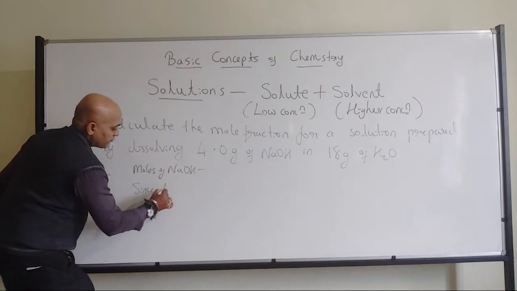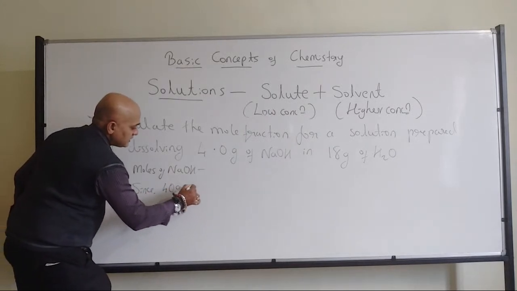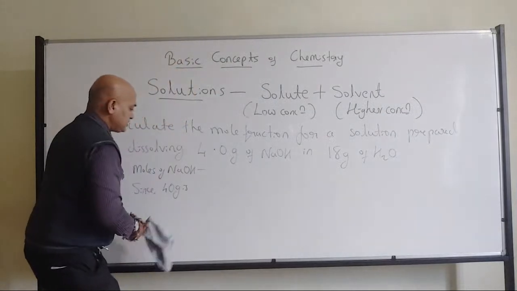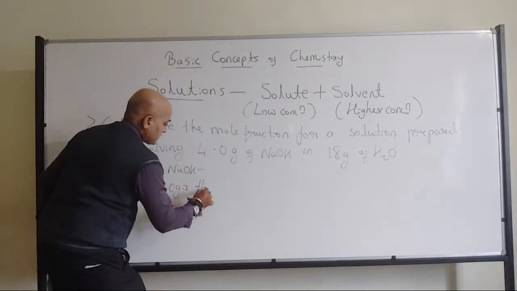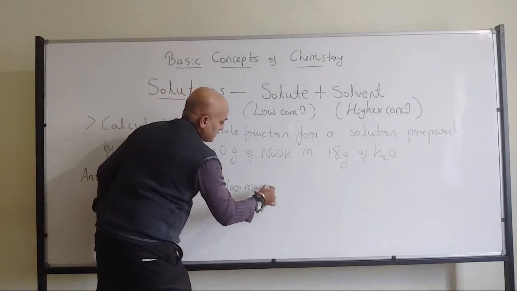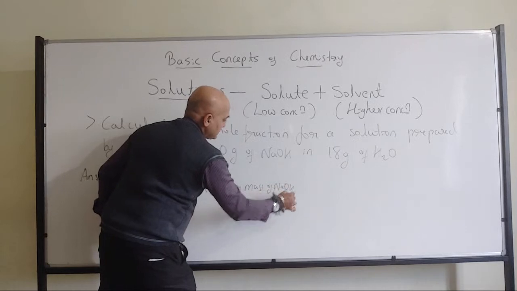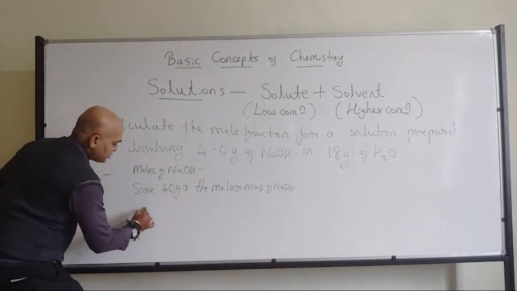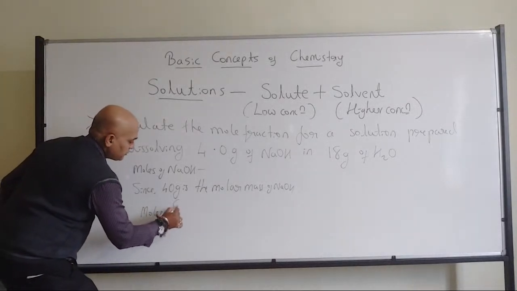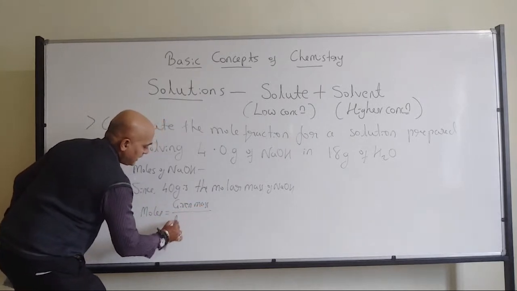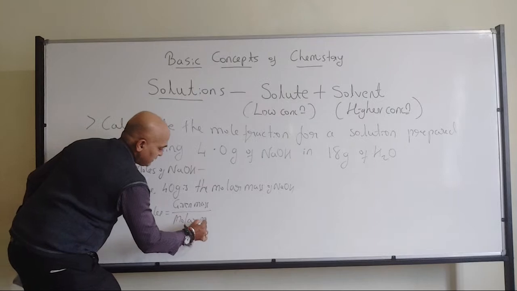Since 40 gram is the molar mass of NaOH, the number of moles will be, we have an equation. Moles is equal to given mass divided by molar mass. All of you will agree?